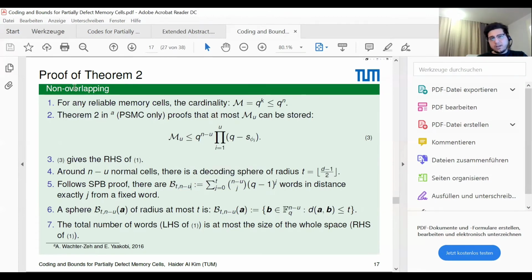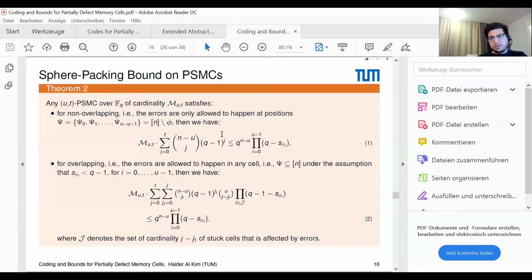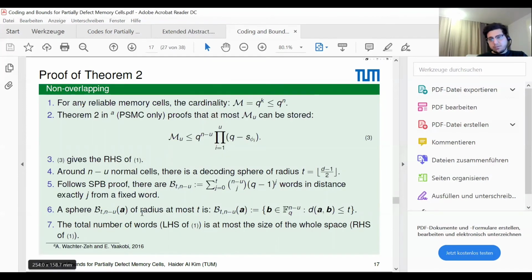And because we are in the non-overlapping scenario, we just consider the amount of information we can hold and the cardinality, which is given in this inequality. So the sphere of radius at most D is this, and then the total number of words, the left-hand side of 1, is at most the size of the whole space, the right-hand side.